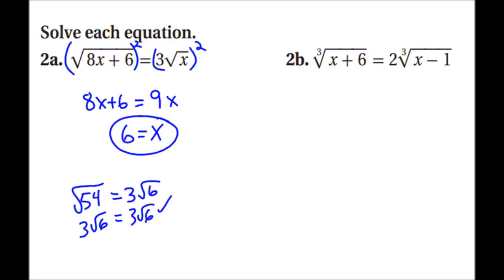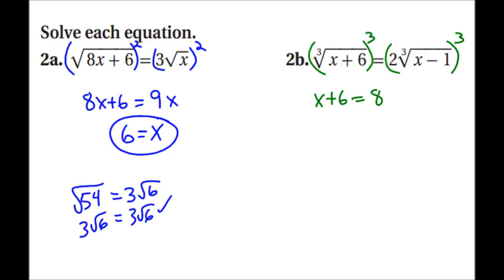Now for 2b, same idea. We have an index of 3, which means we need to cube both sides of the equation. Remember, it has to be the entire side. So when we cube this side, we get x plus 6. When we cube this side, 2 cubed is 8.